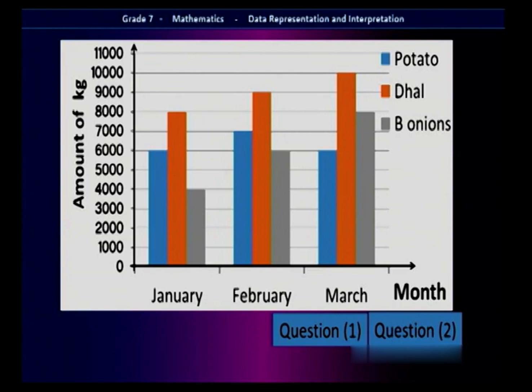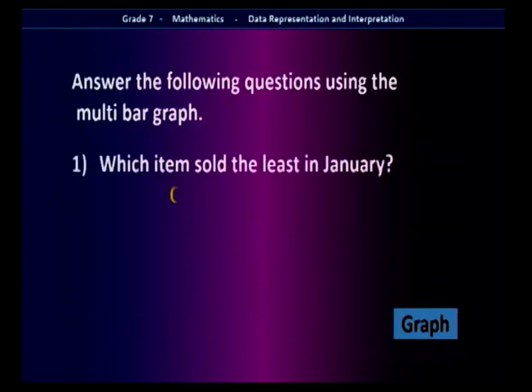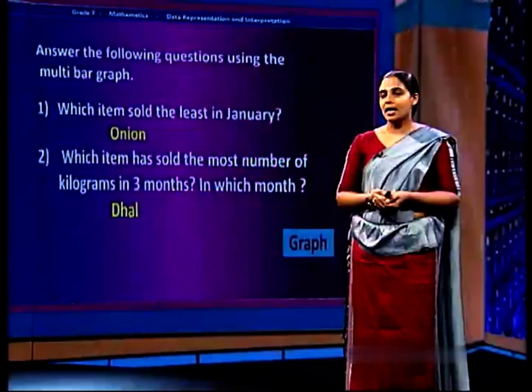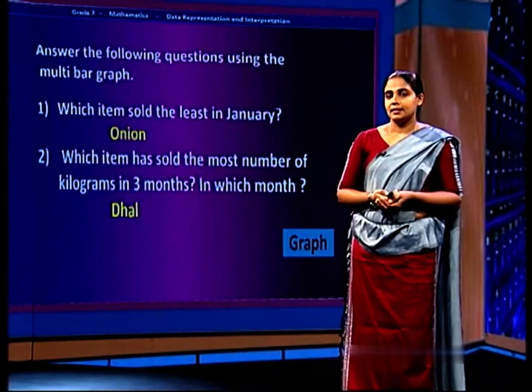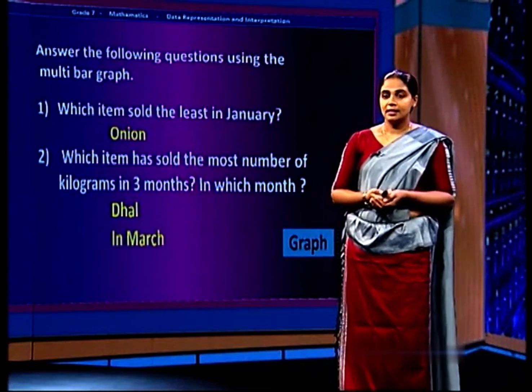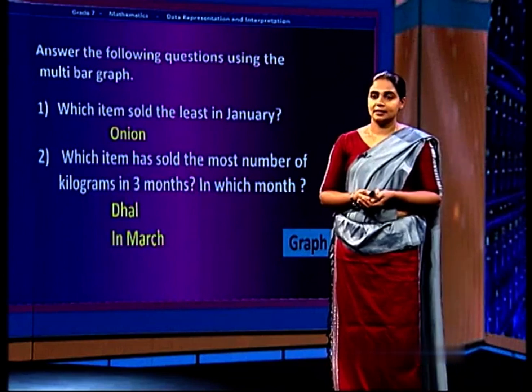It should be in March or February. How can you select the answer? Then you should get the sum. How can you write your answer? It is dal. Get the sum and you can get the answer. The answer is dal. Kids, it is in March.